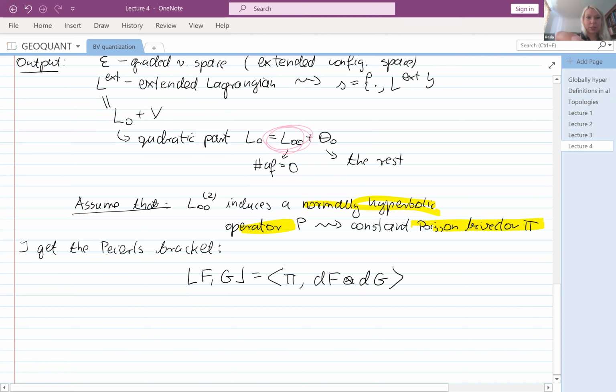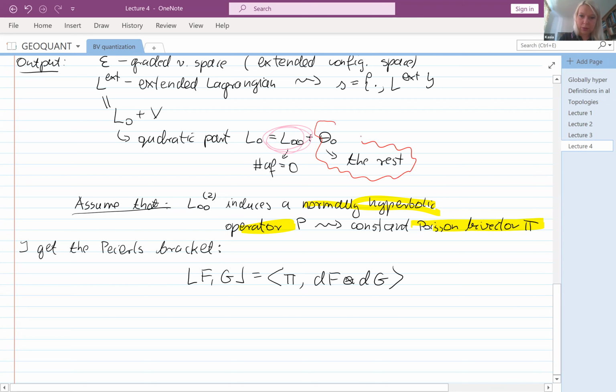So, there is a question: does the Poisson bracket only depend on L00? That's right. This L00 has the information about linearized equations of motion as before, and the rest has the information about linearized symmetries.